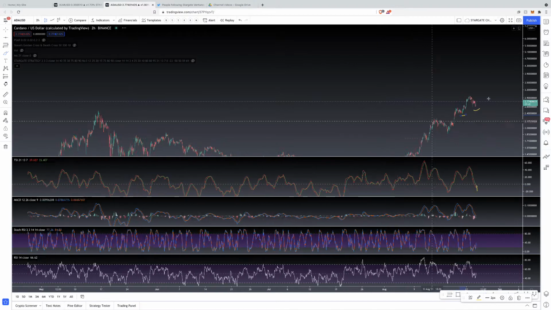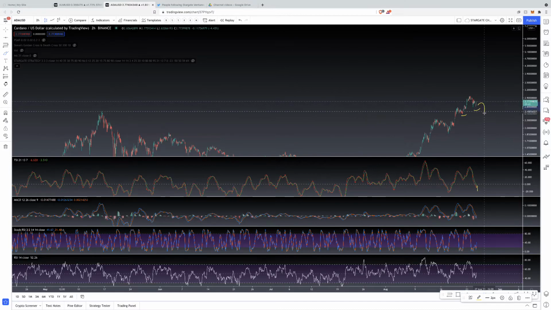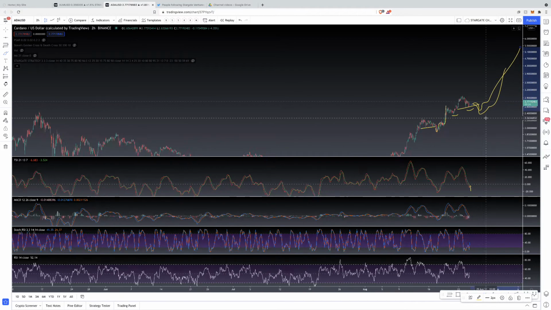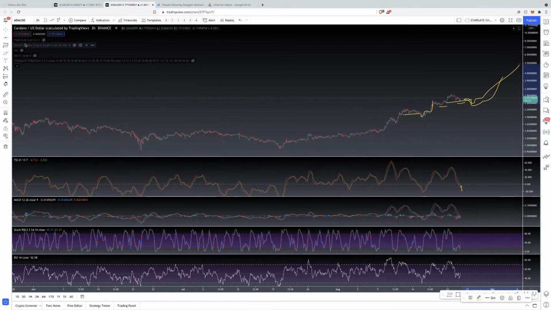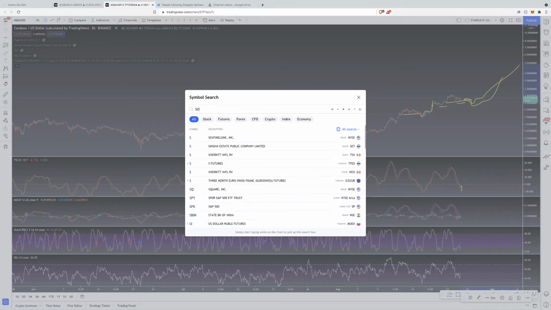If not, maybe we'll come back down, do something like it did before, and then head higher. See how this went across like that, broke through, but then recovered, then went up. This could do something like that as well, where it breaks through, comes up, hugs, and then goes. So that's what we're looking out for. That's Cardano. Now we'll look at Solana.